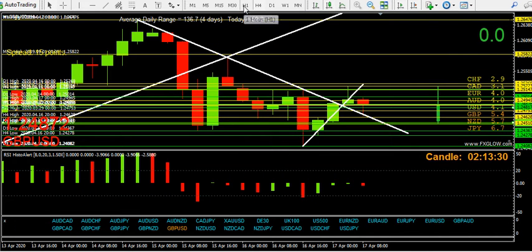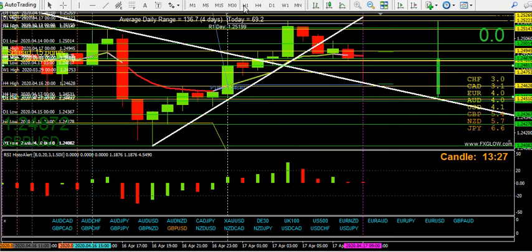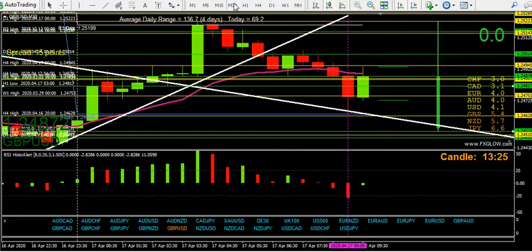H1, yeah, we've done that. M30. So now we can look at the M30, and it's the same as the H1 low. No, it's not. There's the H1 low there. M30, low, high, high, low, high, high. So we can draw that in, and it shows us how the reversal is progressing.